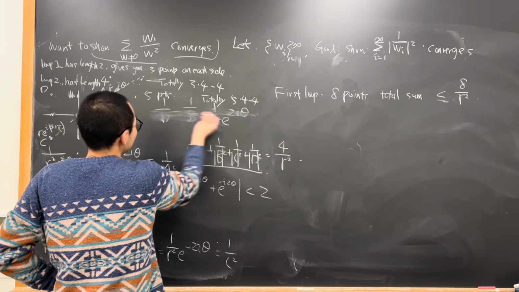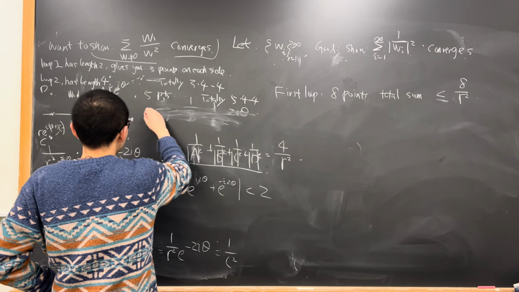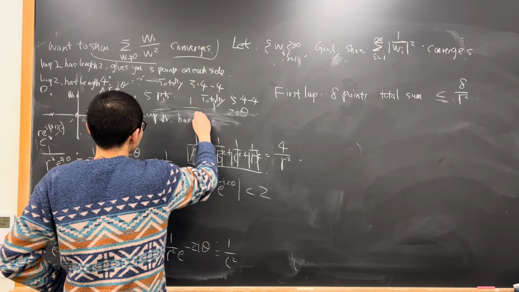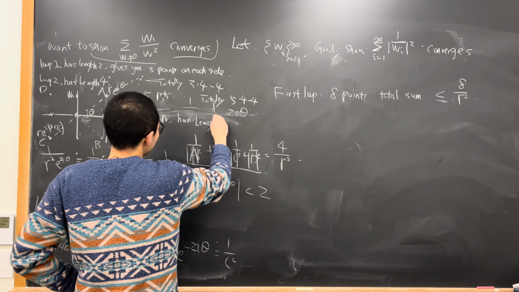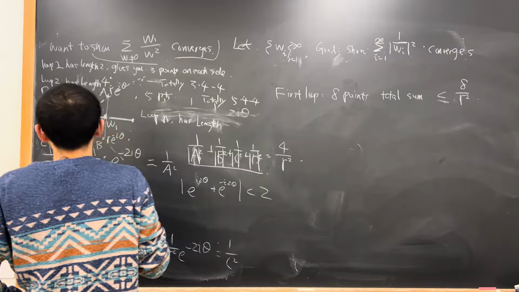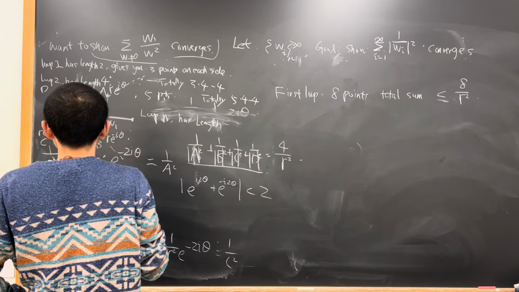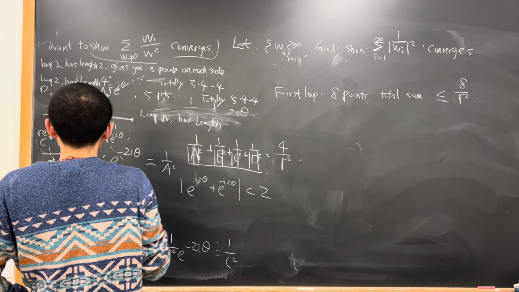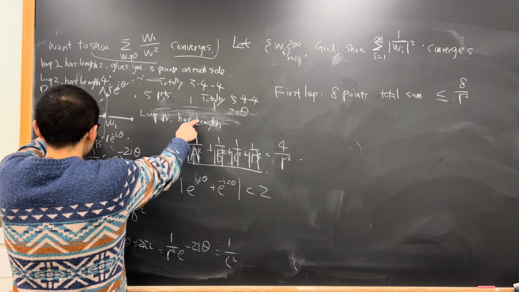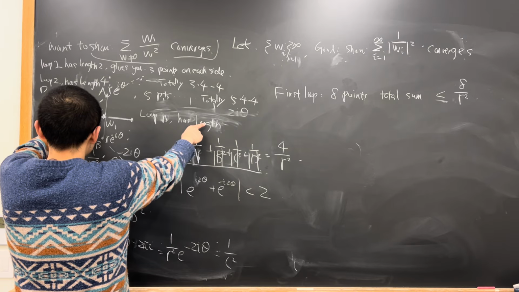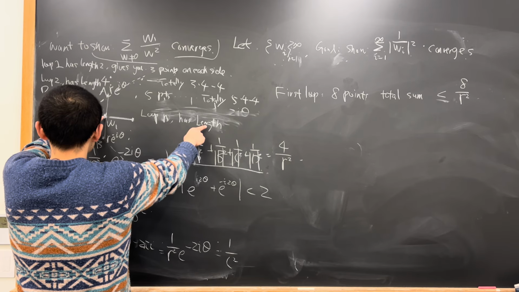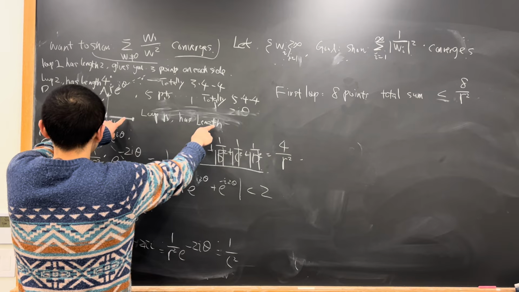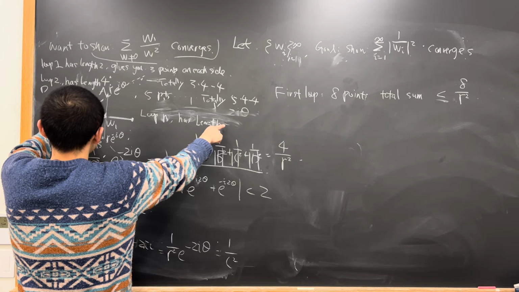Now, let's say that for loop n, it has length, let's see, length what? Loop n, so the length is n here, right? Loop 1 the length is 1. Loop 2, the length is like 2. Loop n, it has length n.